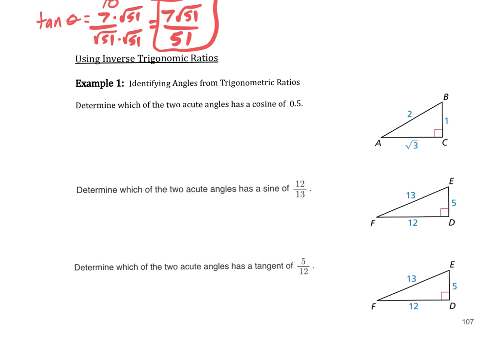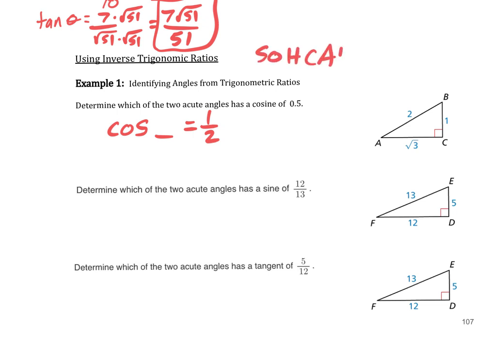So here's the first thing. Cosine of something, I'm going to put a blank here, equals 0.5. Well, 0.5 can also be written how? 1/2, right? 1 over 2. Cosine is, I'm going to write it up here again.